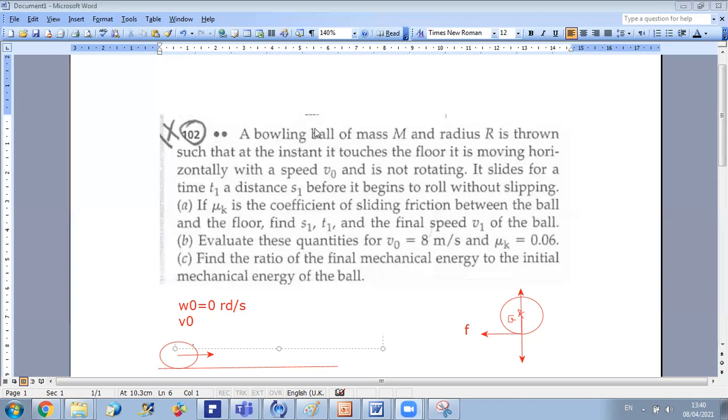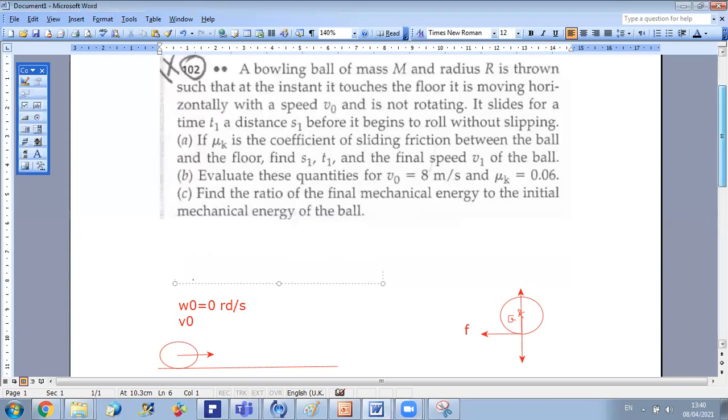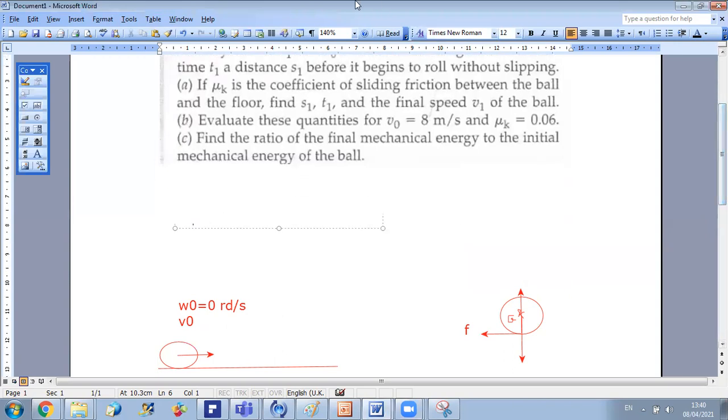Now, in order to find a relation, since they asked us to find the velocity of the center of mass of the ball as a function of the variable, of course. So what we will do first is write Newton's law. Here we will use Newton's law of rotation and Newton's law of translation.